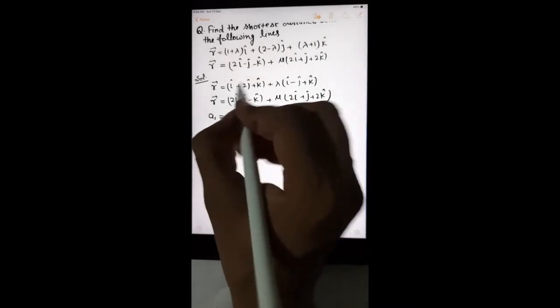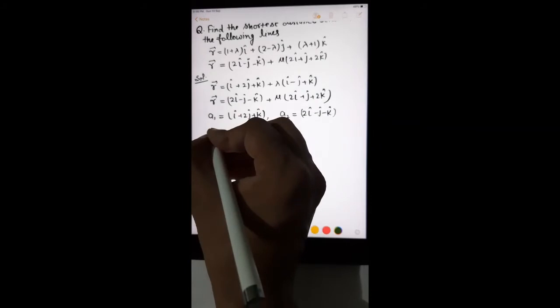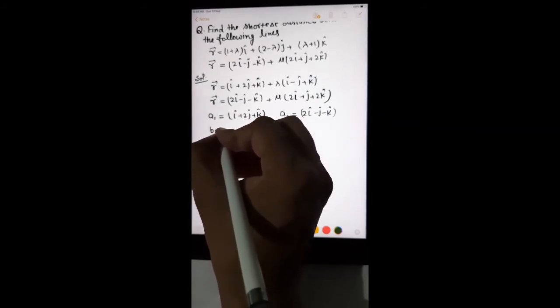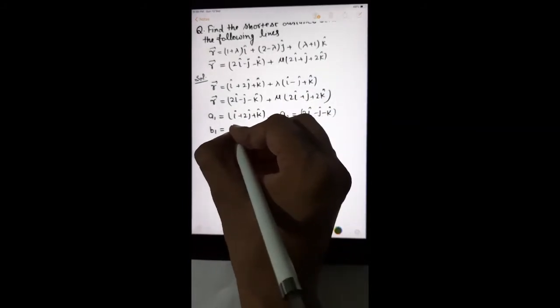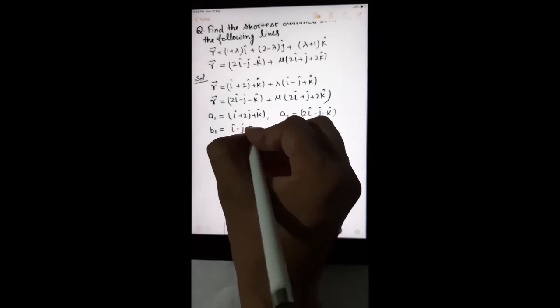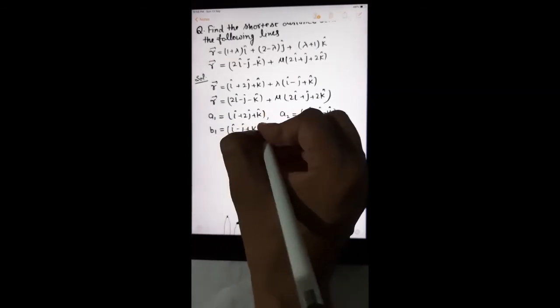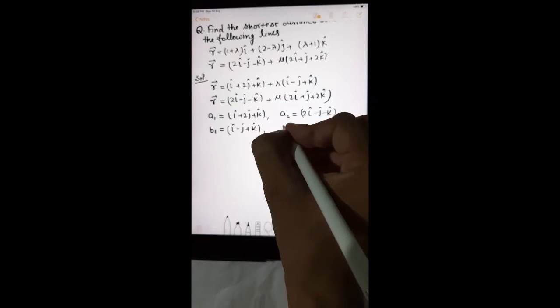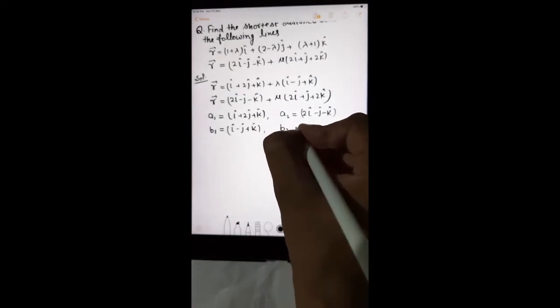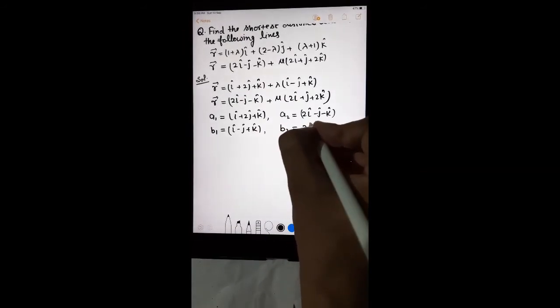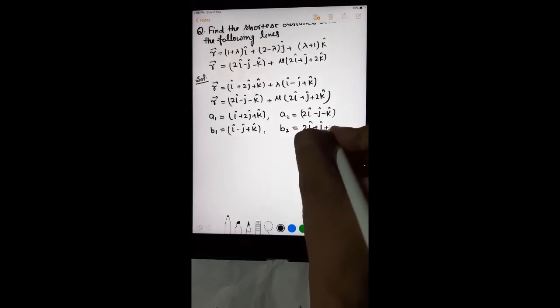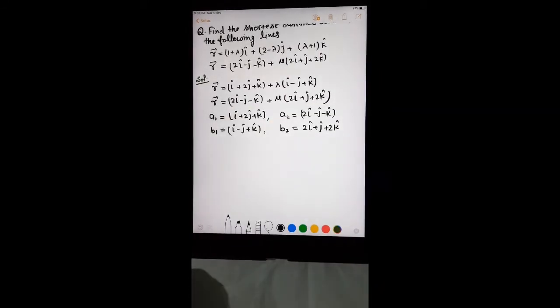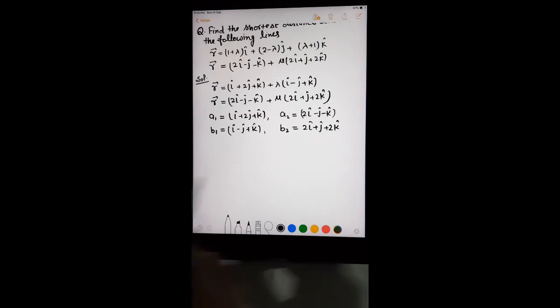Now the first line is parallel to a vector represented by b1, which equals i minus j plus k, and the second line is parallel to a vector b2, which is 2i plus j plus 2k. So these are the values.